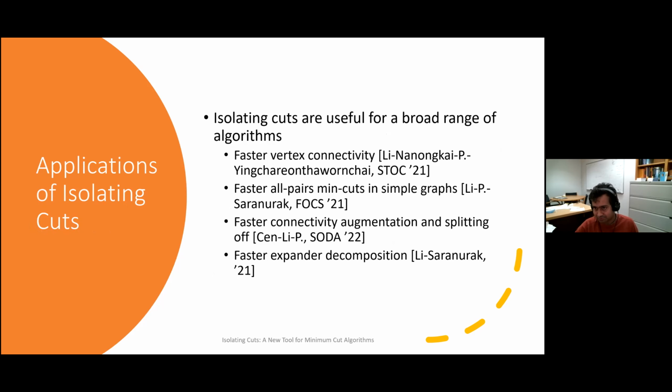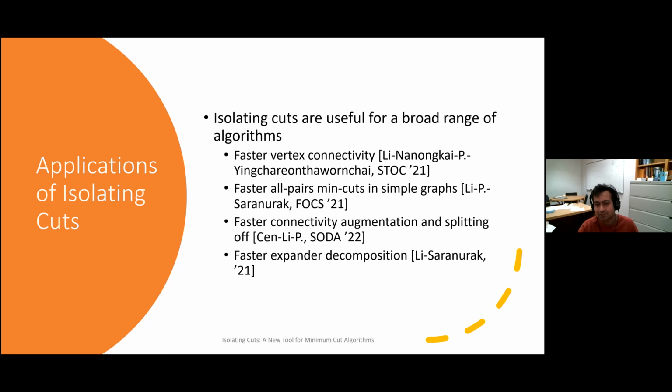Now, isolating cuts are useful for a broad range of algorithms. I didn't get a chance to talk about all of the ways that isolating cuts have been used recently, but it's useful for finding faster algorithms for vertex connectivity, faster all pairs min cuts in simple graphs, and faster algorithms for connectivity augmentation, splitting off, expander decomposition, etc. In a lot of problems we hadn't had progress for many years, maybe somewhere in the ballpark of 20 to 30 years, and it seems isolating cuts contributed something conceptually to the area so that we could now make progress on many of these questions.